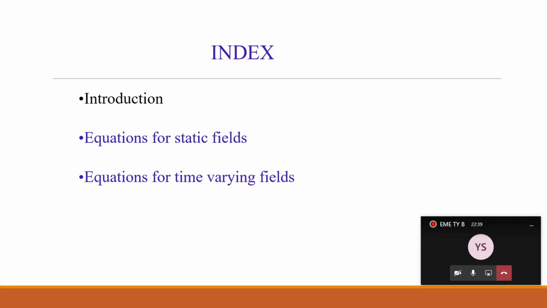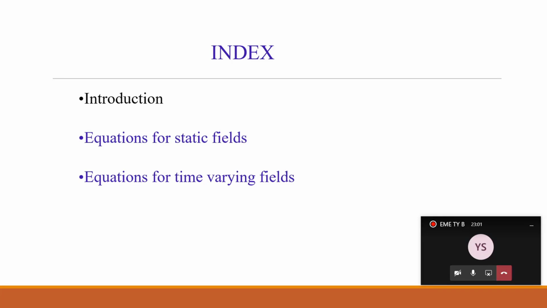It is only a static quantity. But when the charge moves with respect to time, then it is nothing but the current. Charge in a given time is nothing but the current. If such a quantity like current is present, then the equations related to current become time varying, related to time varying fields.